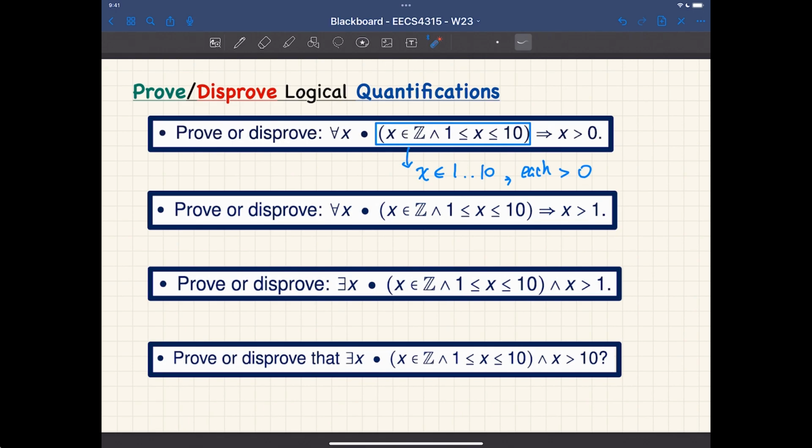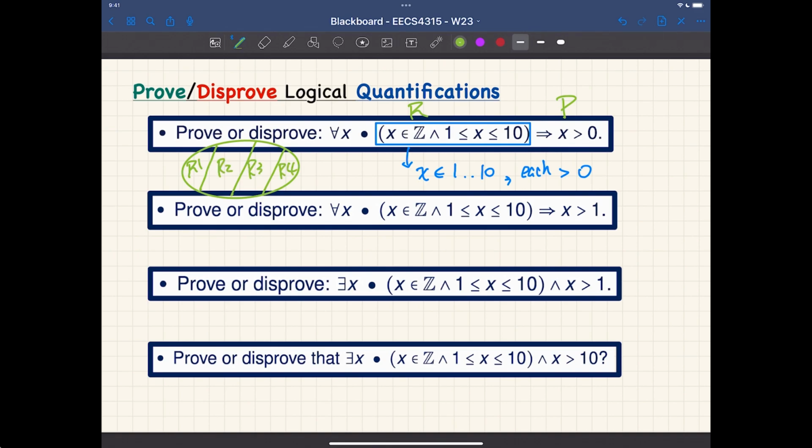It's a little bit hard to give you a precise rule. But my point is, if you really want to prove this universal quantification, you need to somehow argue that every element in the range satisfies this. A more general mechanism: let's say this is R and this is P. Maybe the range is very big, but you can partition it into sub-ranges, maybe R1, R2, R3, and R4.